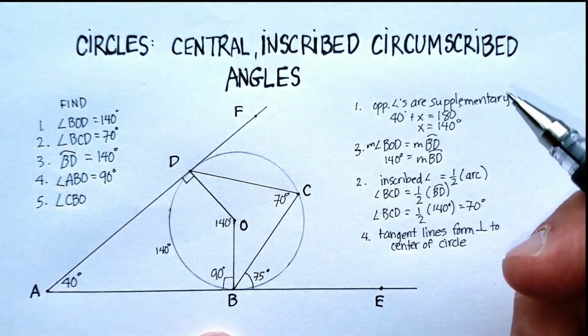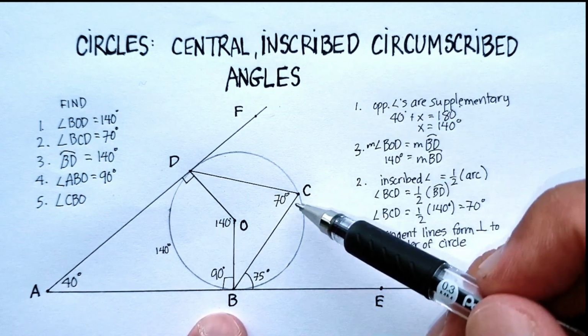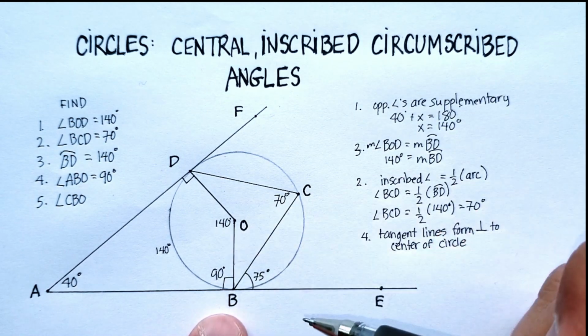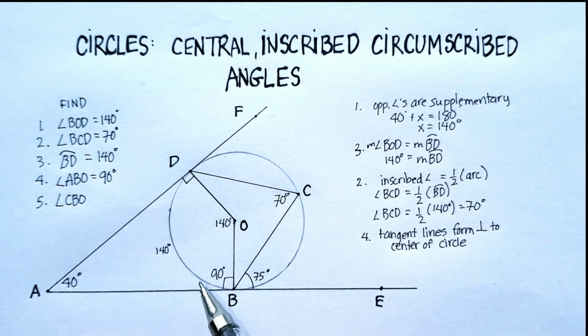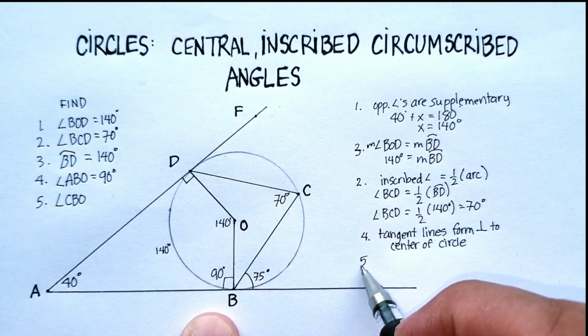Now, finally, we have to find angle CBO. This one's a little trickier. We know that this line here, ABC, is a straight line. And it looks like 3 different angles make up that straight line, right?